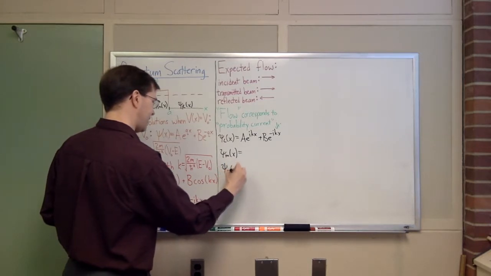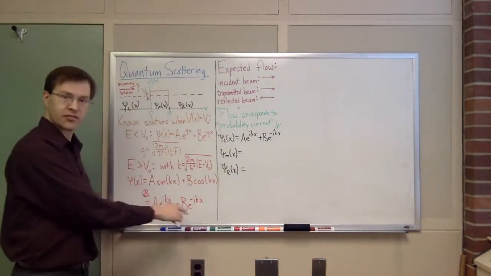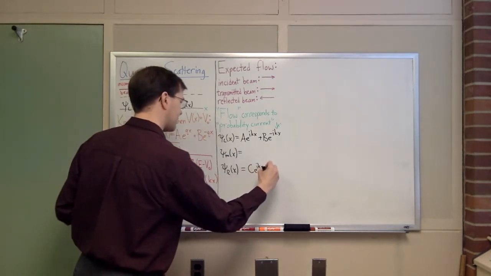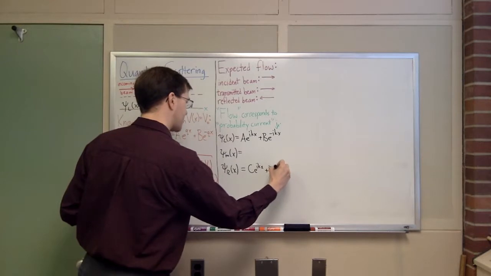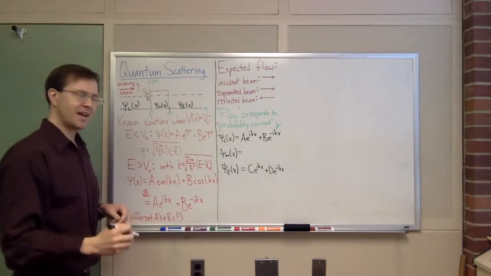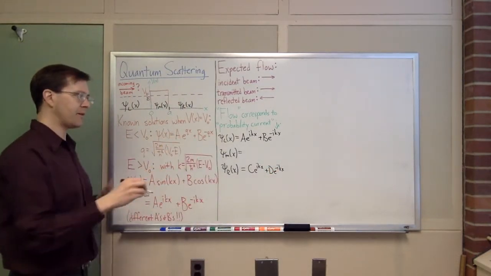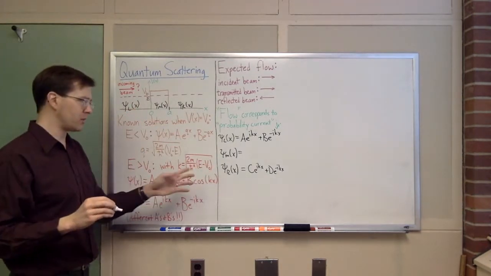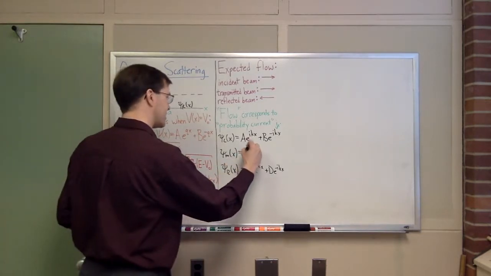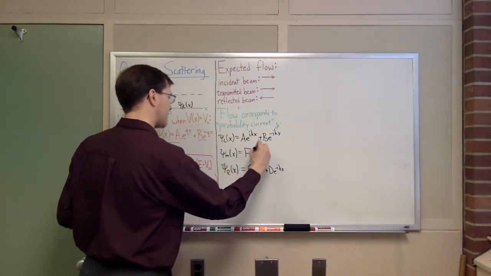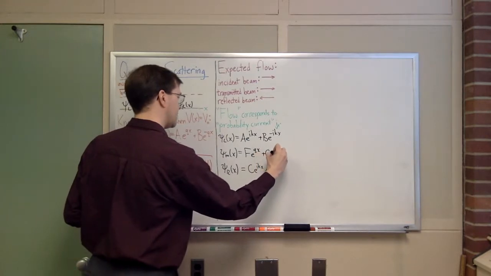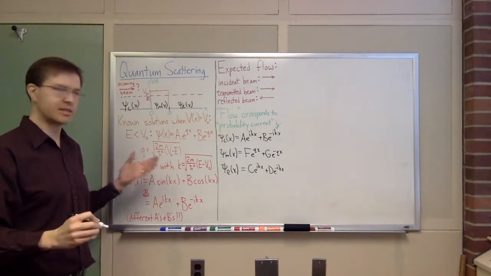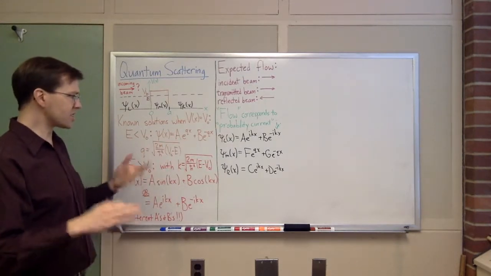Psi right of x is going to be another one in this form, so I'll call this c e to the ikx plus d e to the minus ikx. Got those pieces. And psi middle is the one that's going to be up here. I'm not going to use e as a coefficient because I've already got e for energy. So I'm going to use f and g. I'll say that this is f e to the qx plus g e to the minus qx. And again, k and q are defined over here in our basic definitions. So these are the three functions I'm going to use.